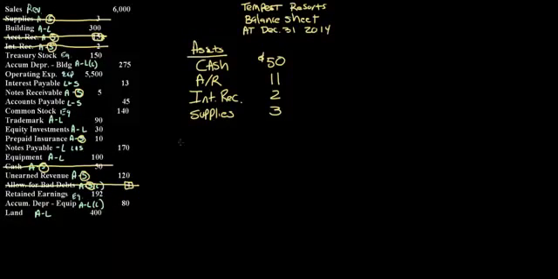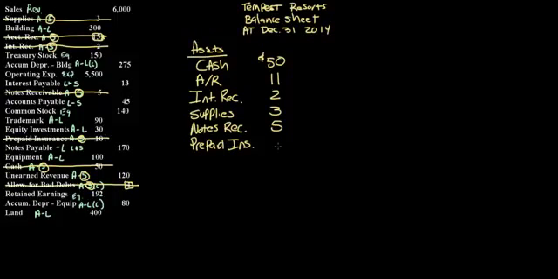Now, the next one is a notes receivable for $5. That's right here. And the prepaid insurance. And typically you will see prepaids as the last item in the short term.